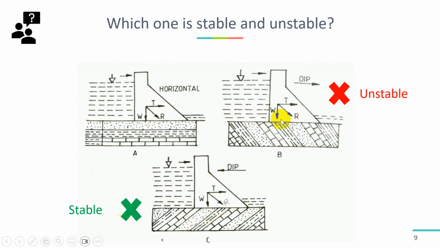So this is an unstable condition because the dam will easily break and has potential to collapse, and there is also water leakage here. And the bottom one is the stable one, in which the layer direction is perpendicular to the resultant force. So this is good for the dam site location.